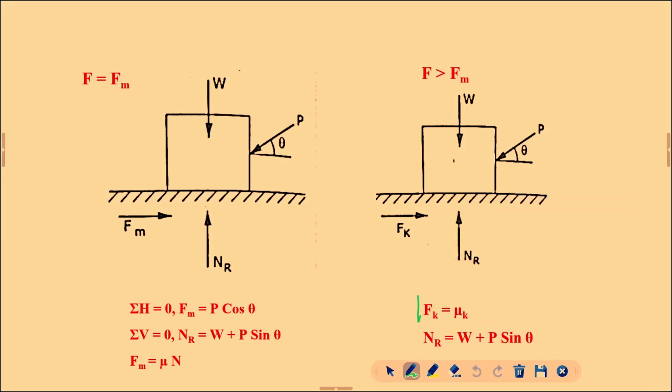This denotes the dynamic condition. With respect to vertical, you will get NR equal to W plus P sin theta. This object tends to move, so the equilibrium condition cannot be applied. That is the difference with respect to those four cases.